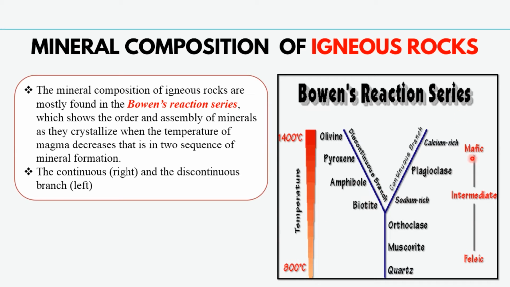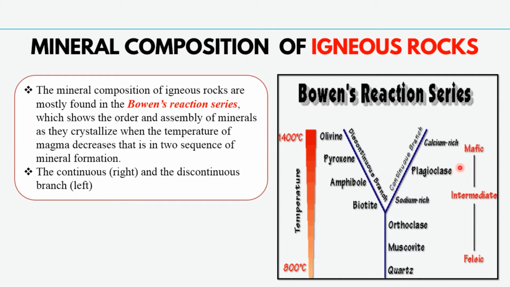On the right side, in the continuous branch, only the plagioclase is the mineral that contains calcium-rich and sodium-rich. It contains 50% calcium and 50% sodium. What happens here goes the same way as the discontinuous branch.